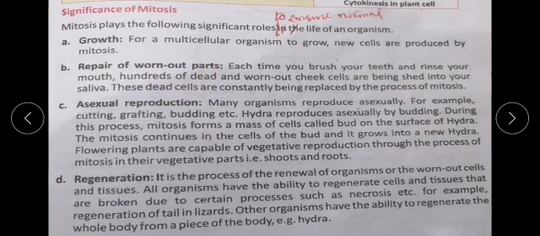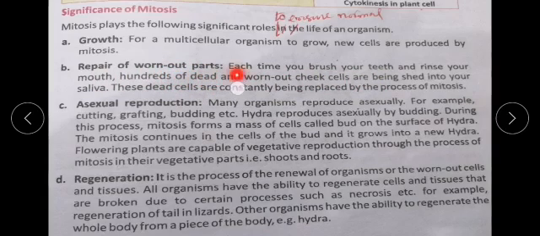The living organisms have the capability to replace or repair the worn out or damaged parts, and in this repairing, mitosis helps the living organisms. You see, here an example is given through which it is being discussed how mitosis helps us in repairing or replacing of our worn out cells, tissues, organs.